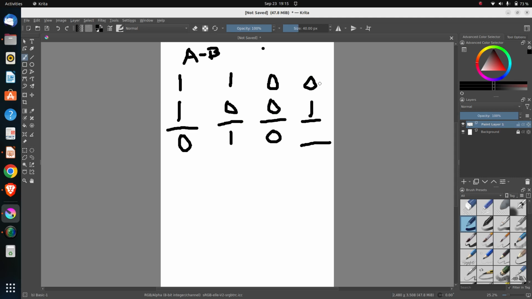But here the minuend is 0 and the subtrahend is 1, so we borrow from the neighboring element. If the value does not exist there, we move on to another element. This is the logic behind the subtraction.